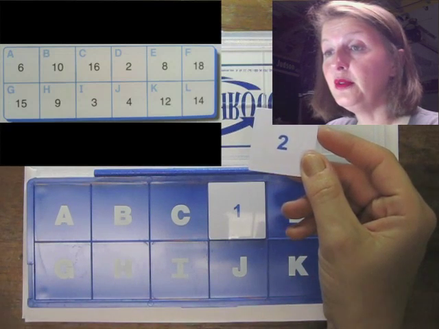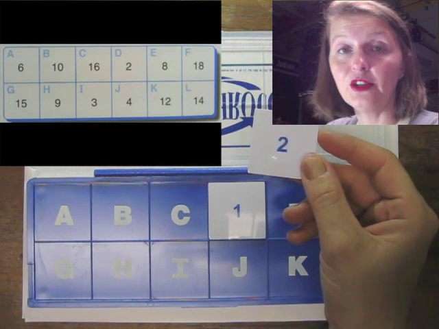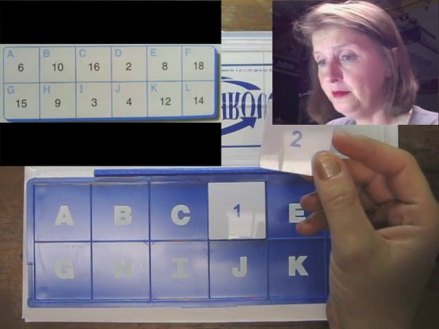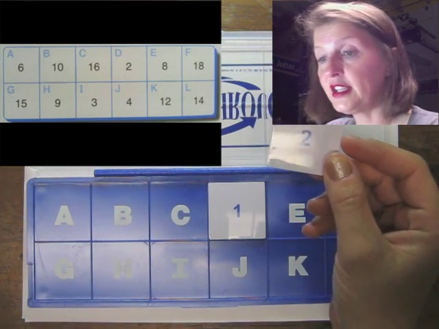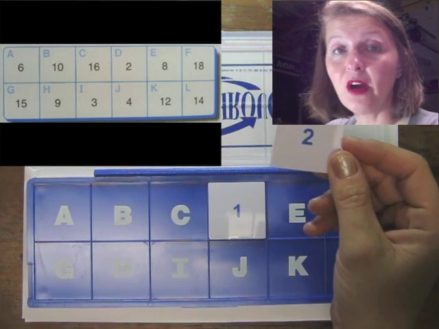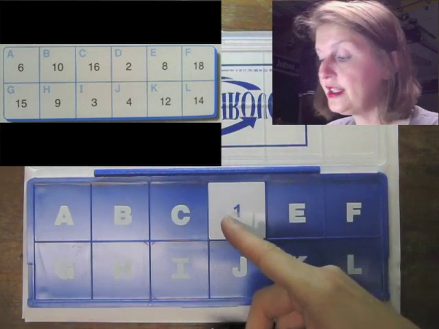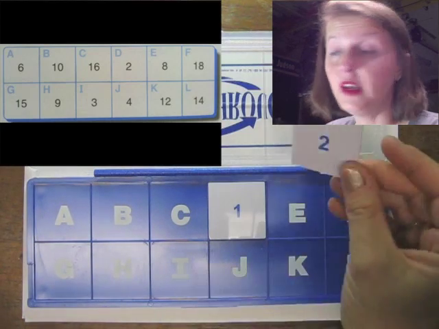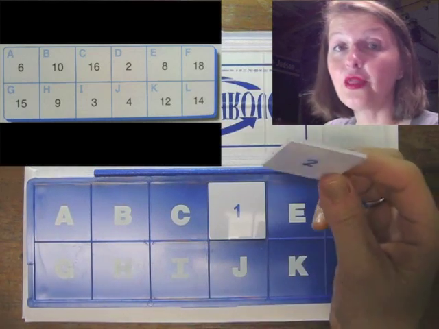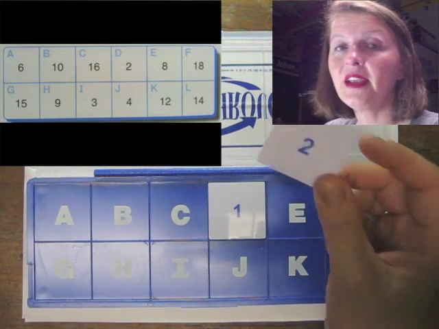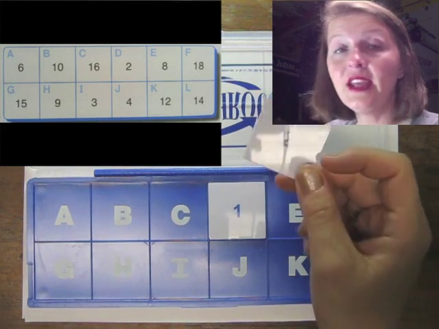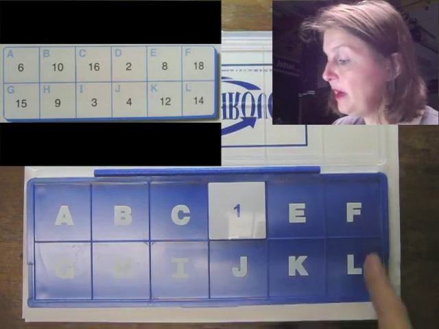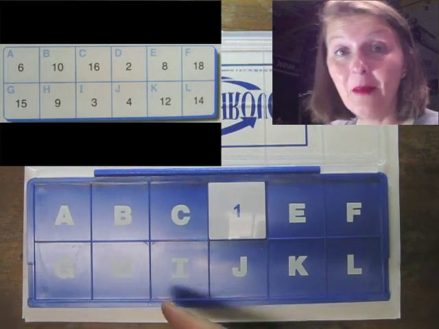Question number 2 is 5 times 2, which is 10. Now, here's where it gets interesting. Notice in the answer box there is the number 2. We've already taken up that spot with the number 1, but that's where the think it through comes in, because these numbers don't end up in the spaces that correspond to the same numbers.